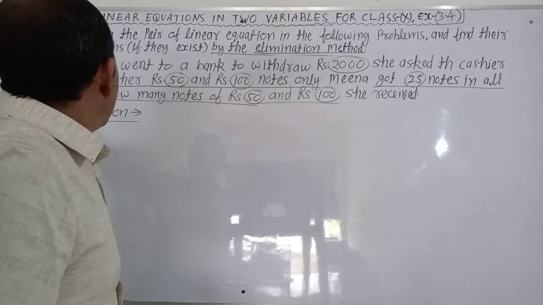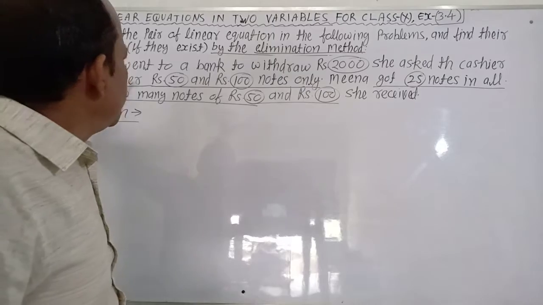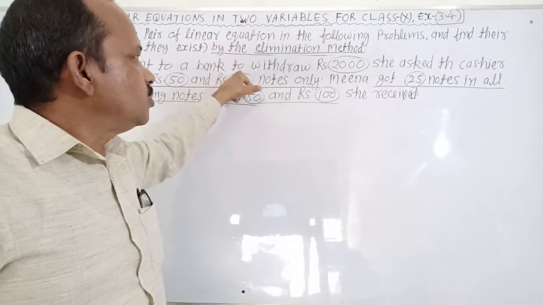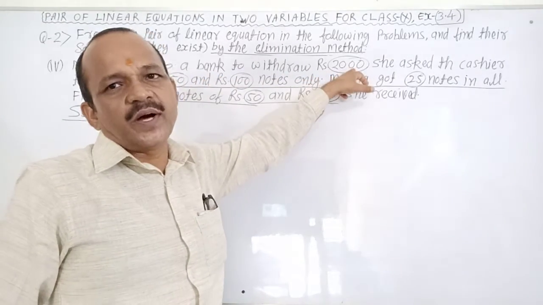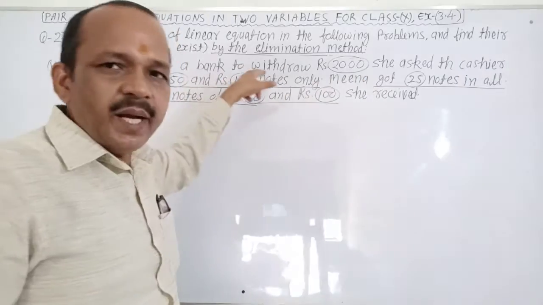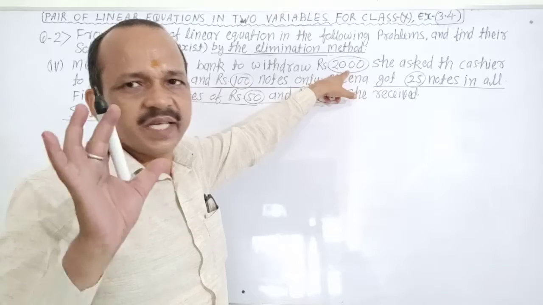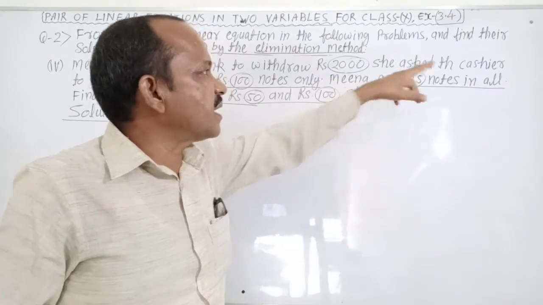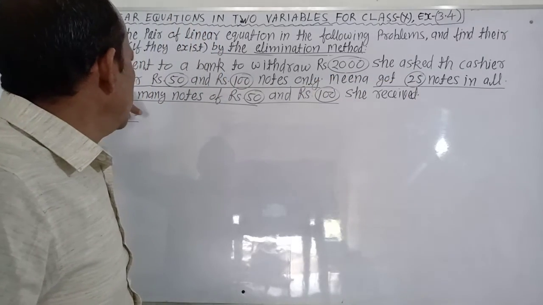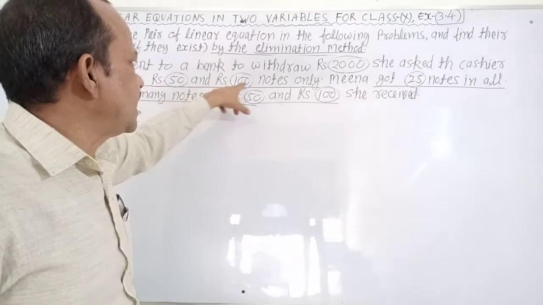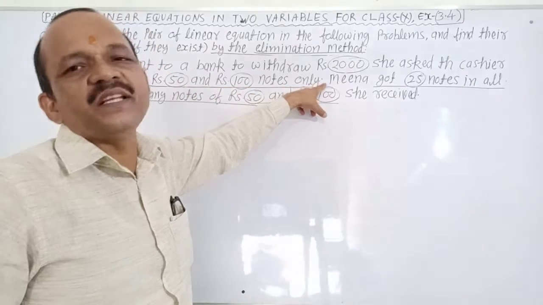Question 2 part 4. Meena went to a bank to withdraw Rs 2000. She asked the cashier to give her Rs 50 and Rs 100 notes only.